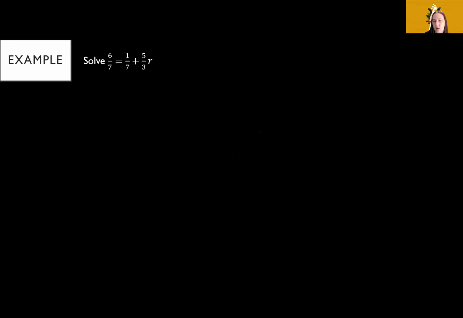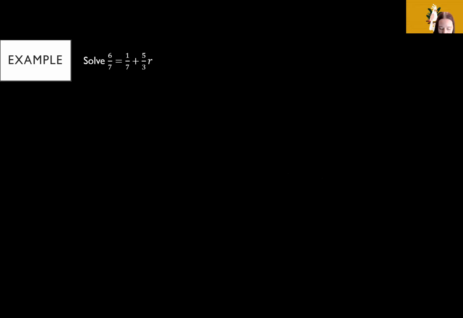Okay. So now let's do one with fractions. And I strongly recommend that when you do problems with fractions, you have a calculator that can do fractions, and use your calculator to do the fraction part because it will just make your life easier.